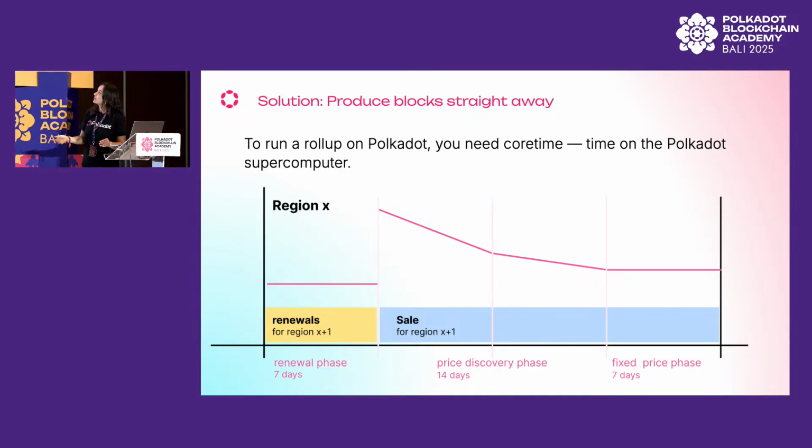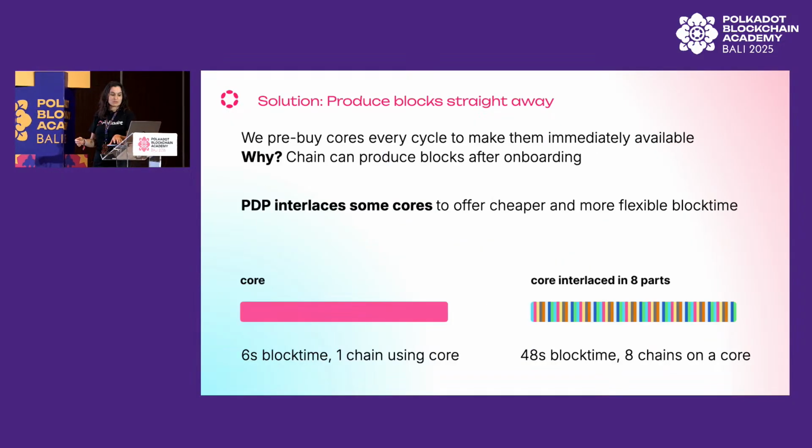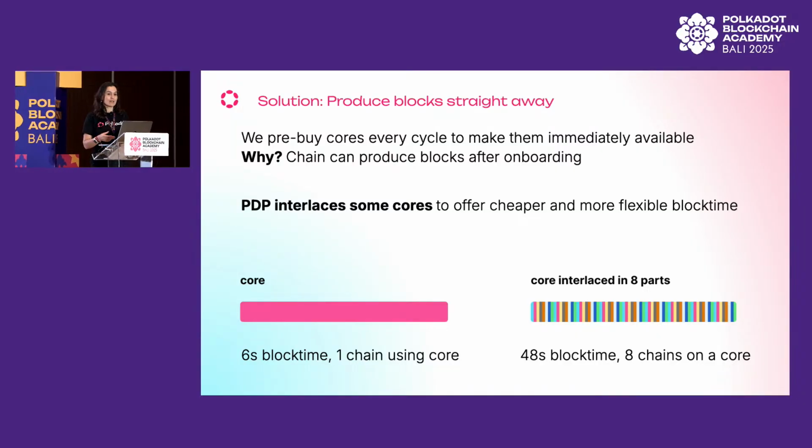So what we're doing is we are buying cores in advance, and we are providing full cores to users with 6-second block time. Basically, it's the best.